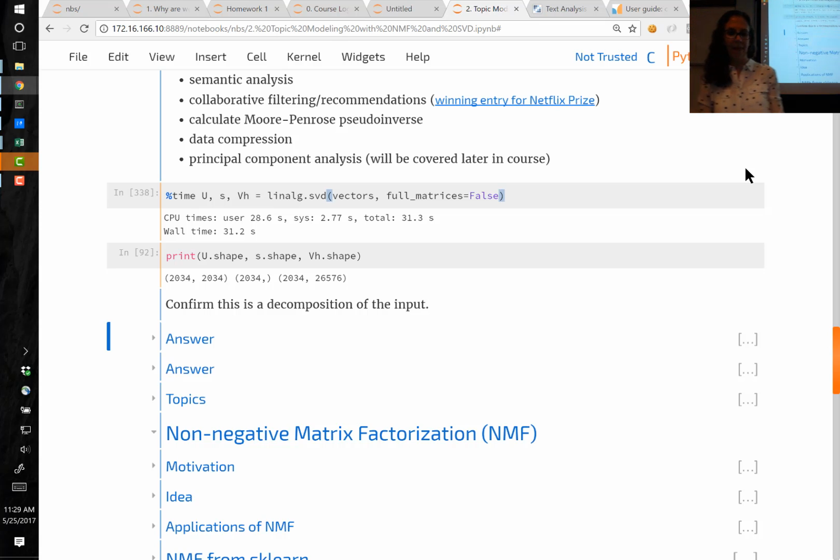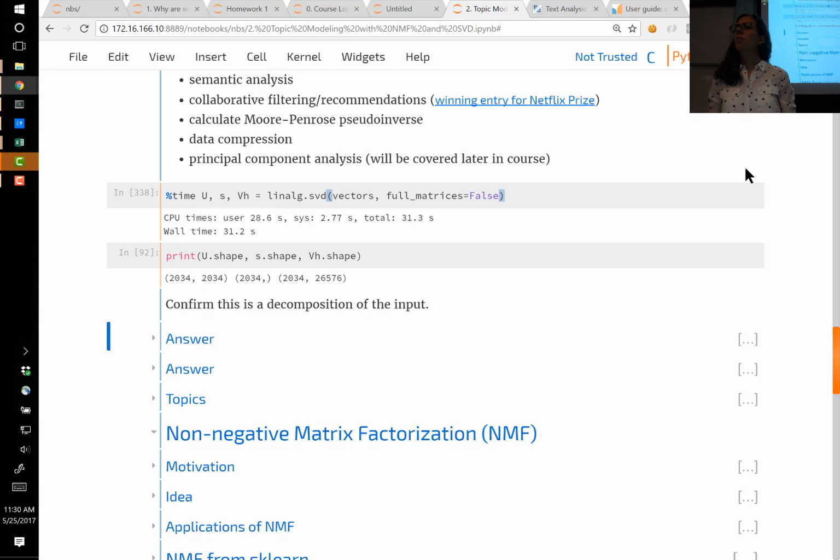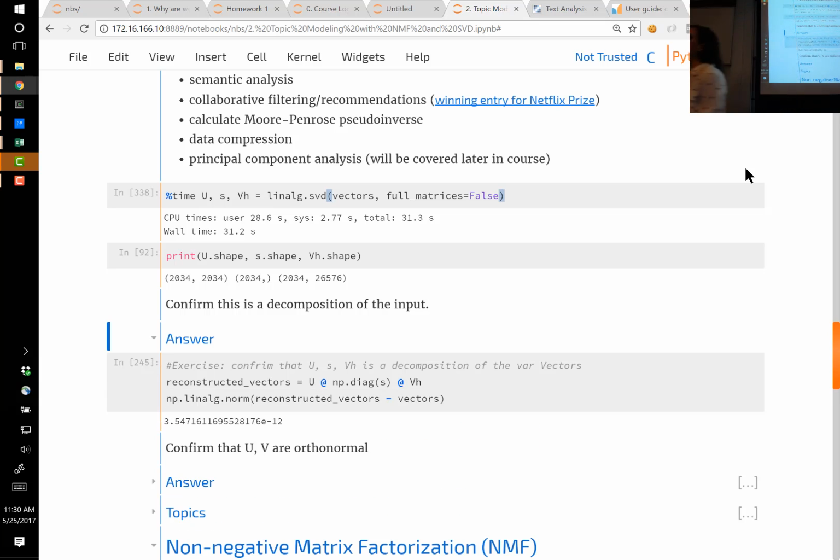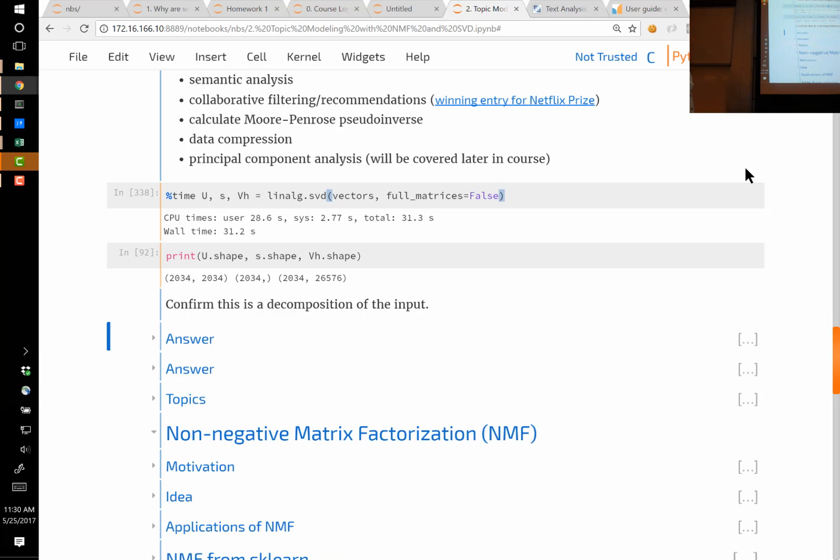I couldn't get it to convert into a matrix, so I did U times S and then at BH, and that was basically the right side being multiplied. Then I did vectors dot toDense, subtracted that, and summed all the way through, just to see how close that was to 0. It's possible that they all canceled out and it's not exactly equal, but I basically subtracted the two matrices and checked that all the entries were pretty much 0. Okay, yeah, so that's one approach.